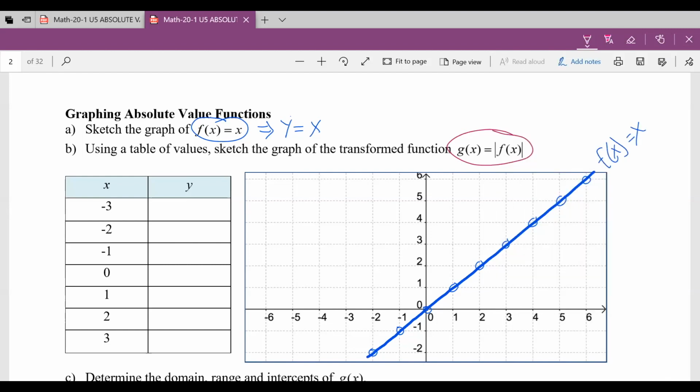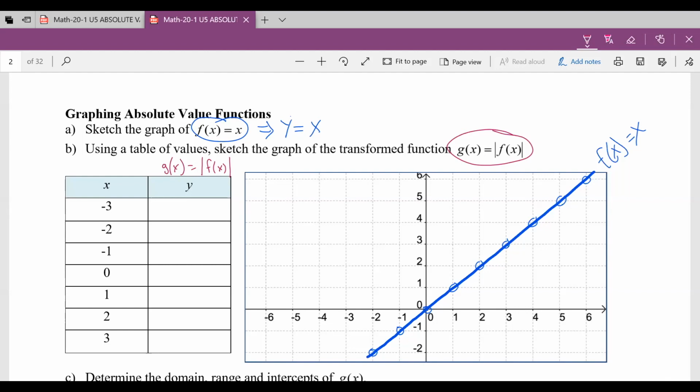So now let's try to figure out what g of x is, where g of x is the absolute value of x. And we're going to use a table of values for that just to show you the conversion. So here is x, and this is g of x equals the absolute value of f of x.